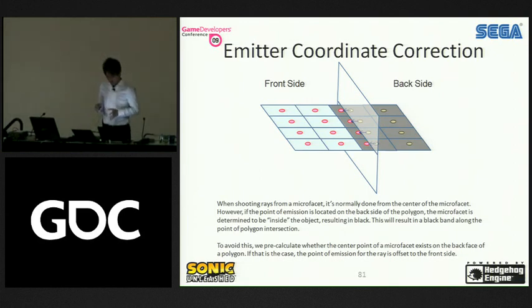This will result in a black band along the point of polygon intersection. To avoid this, we pre-calculate whether the center point of a microfacet exists on the back face of a polygon. If that is the case, the point of emission for the rays is offset to the front side.